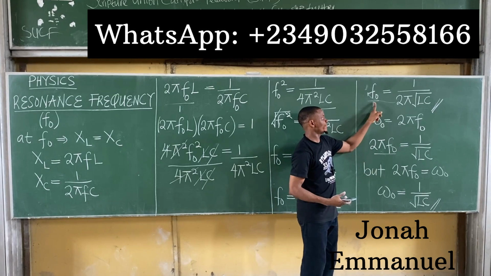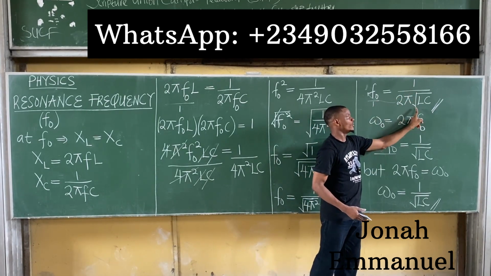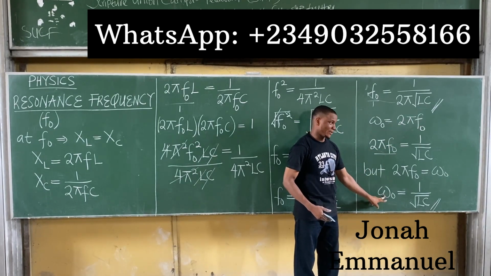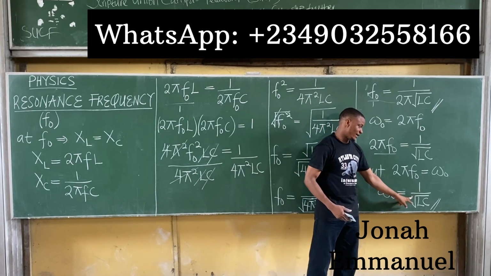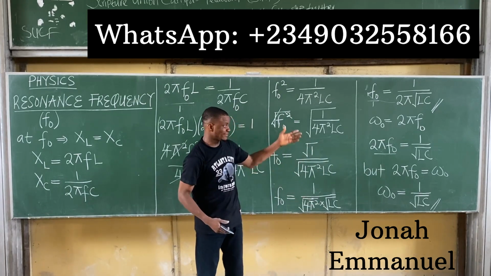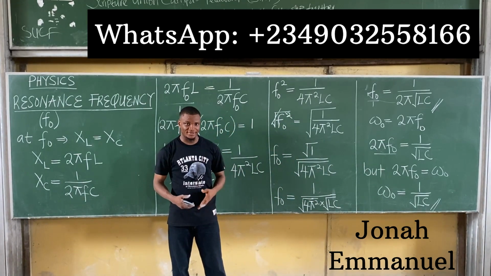Note that resonance frequency is equal to 1 over 2 pi root LC, and angular resonance frequency omega naught is equal to 1 all over root LC. All right, so with these two concepts noted, let's see how we can solve problems on this.